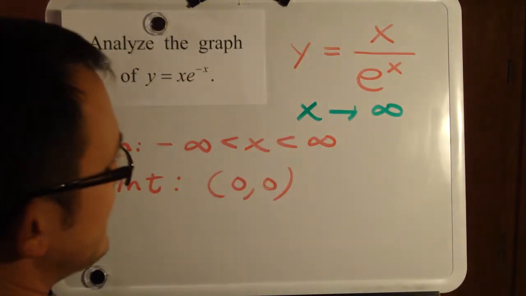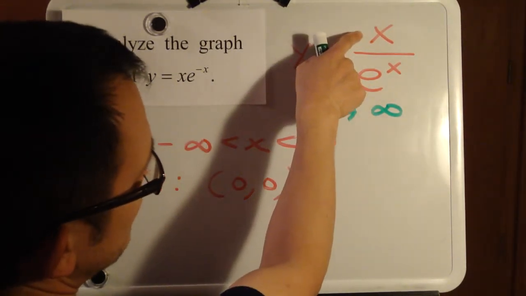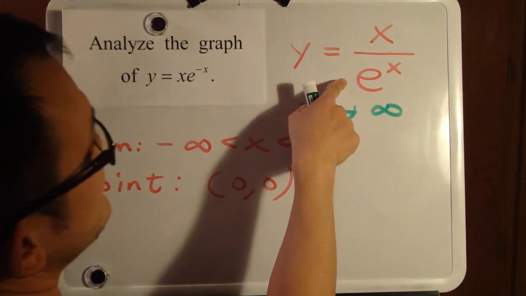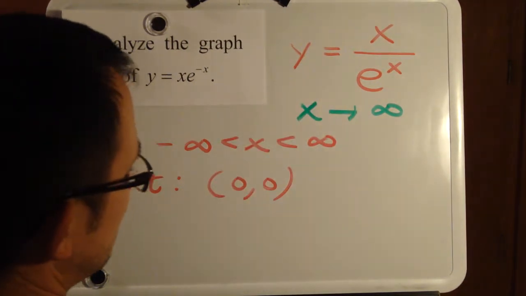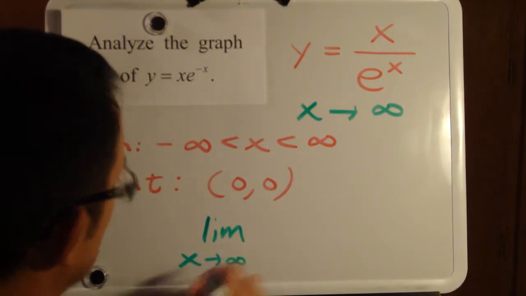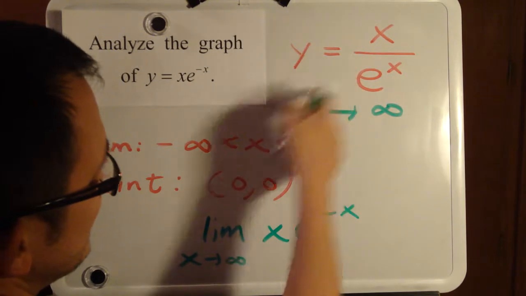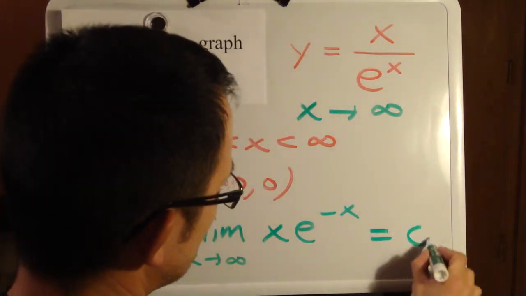So as x gets very, very large, even though the numerator is going to go to infinity, the denominator is going to get there at a much faster rate. So the limit as x gets very, very big of this function, just based on this information, is going to be 0.